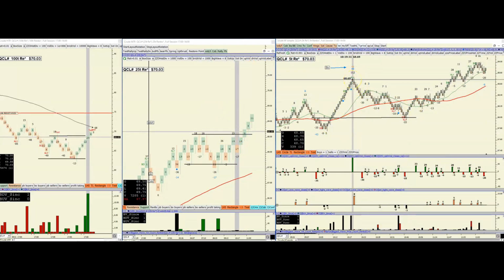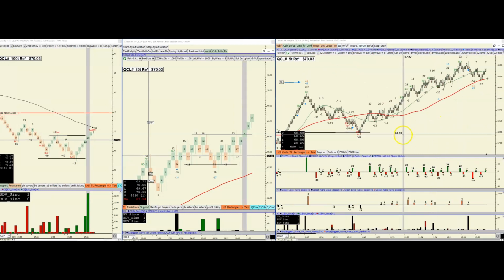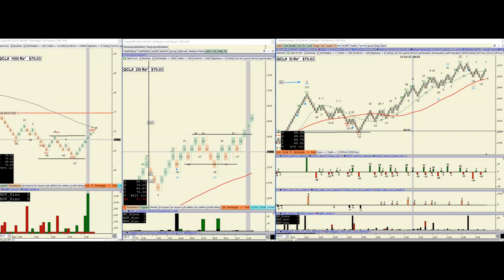Now it's in an uptrend, it's breaking out on heavy volume. So a breakout on a higher time frame will look like a climax on a lower time frame. That's the point. The volume characteristics of a breakout on a higher time frame look like high volume climaxes on a lower time frame.